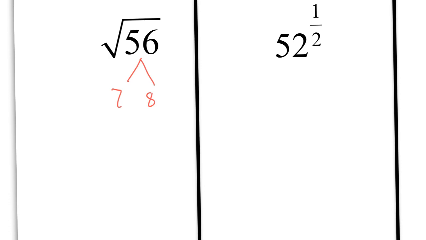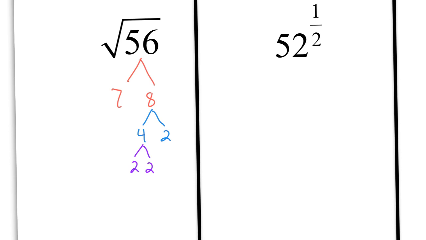There's no other number that goes into 7. So that's a prime number. 8 is not prime because you can break down the 8. You can break it down to 4 times 2. And 4 is not a prime number because you can break it down to 2 times 2. Now, 2 is a prime number. These 2s are prime numbers because the only factors are 1 and itself.